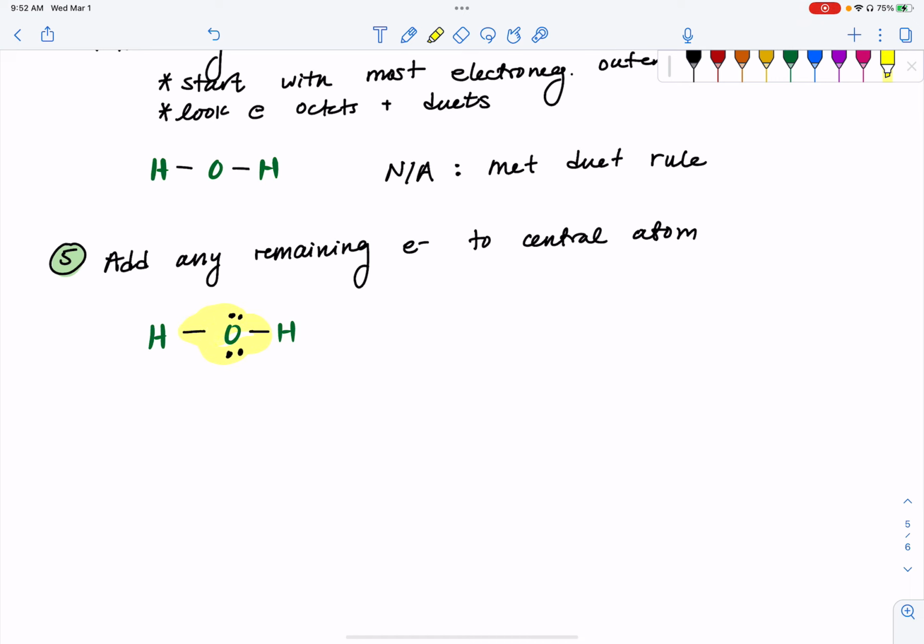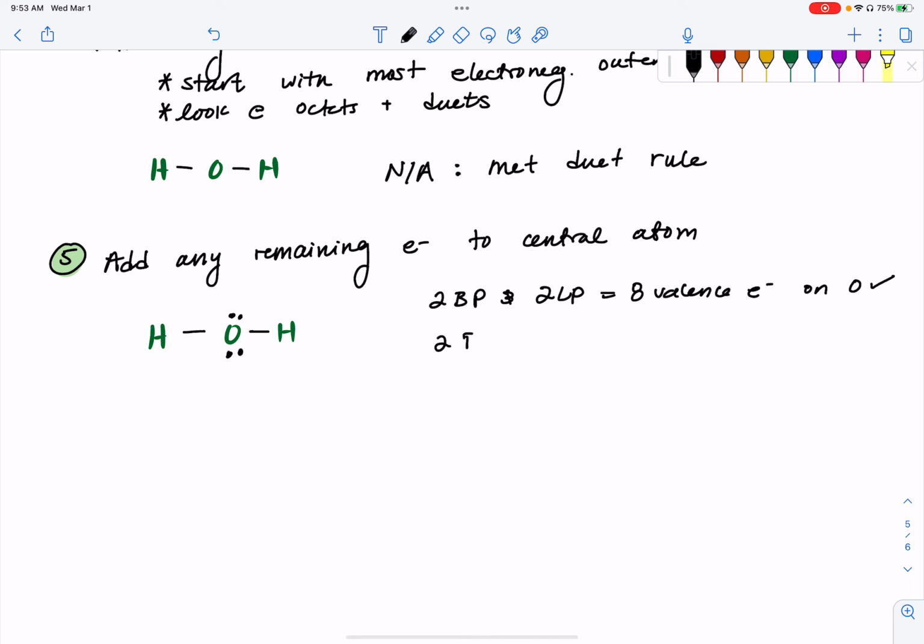Oxygen in the middle, we have 2 bonding pairs, so it's 2, 4 electrons that are shared, and 2 lone pairs, 6, 8. That meets octet. So 2 bonding pairs and 2 lone pairs means 8 valence electrons on oxygen.